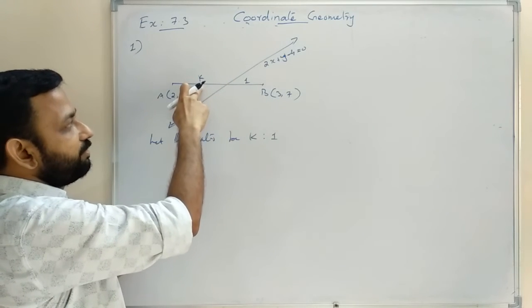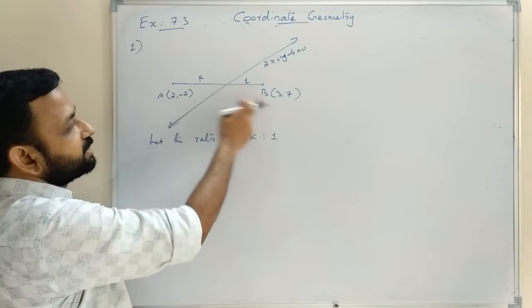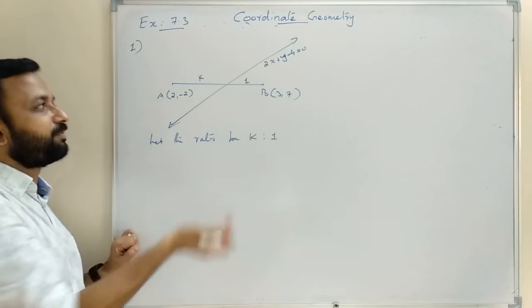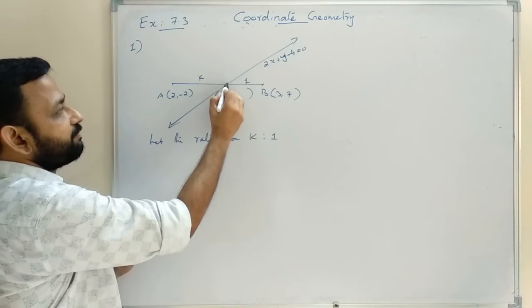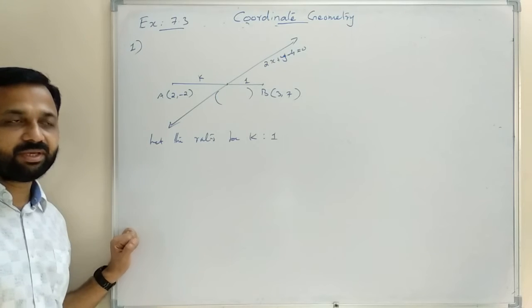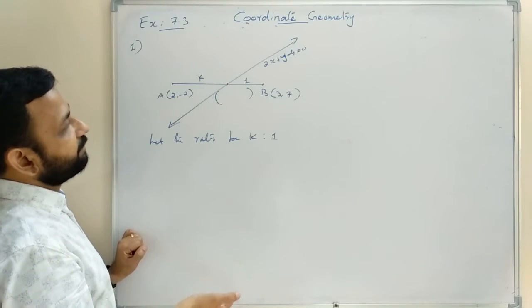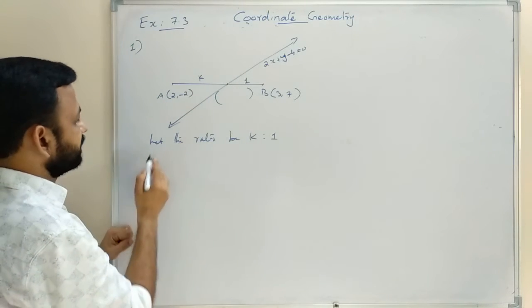k is an unknown variable, and the endpoints are given. So by using the section formula, we can find the coordinates of the point of intersection.